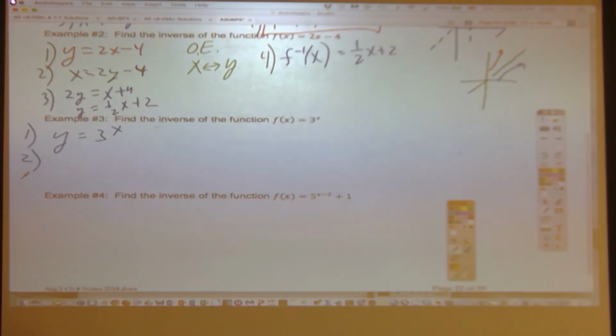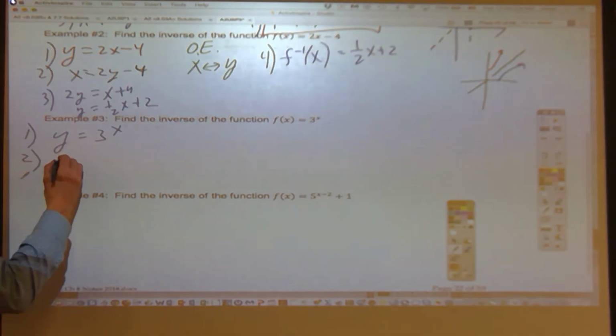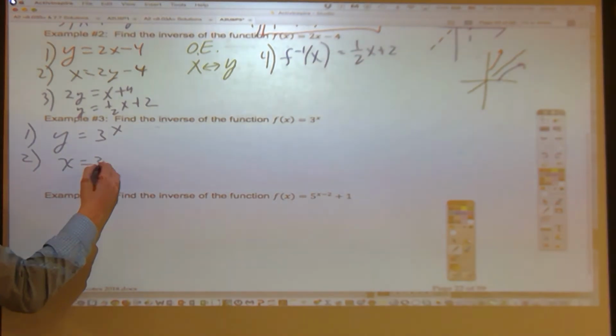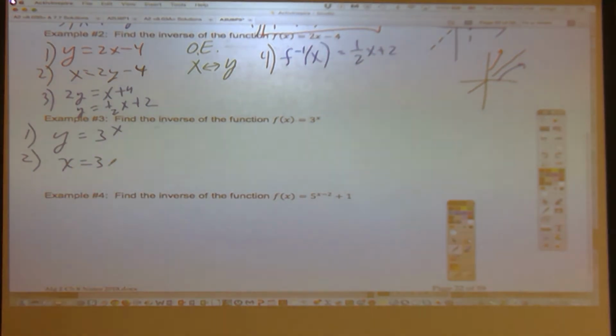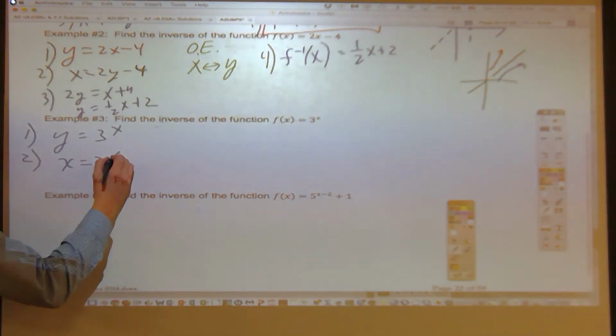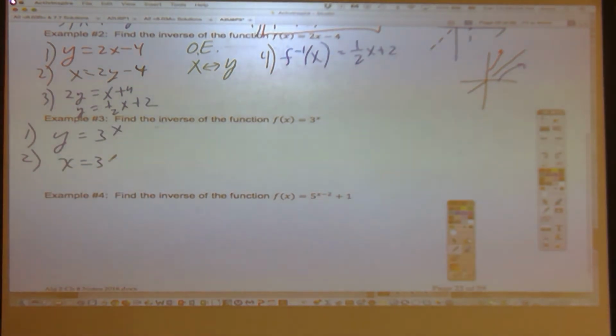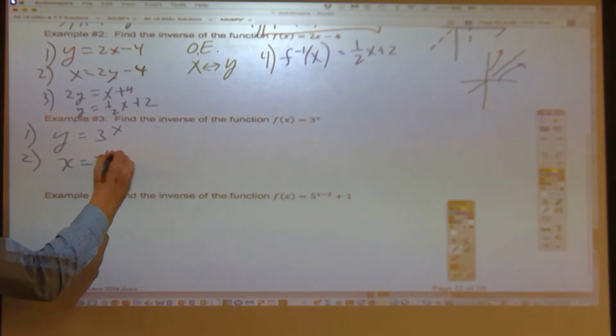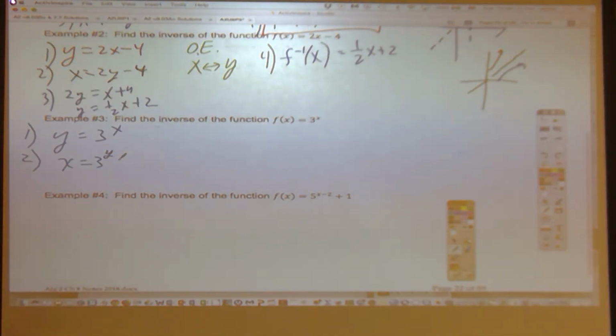Daniel, what happens when x and y trade places? X equals 3 to the y. That's awesome. Did you say 3y? Yeah, it's 3 to the y. 3y is something else. Oh, 3 plus y? No, say 3 to the y. Yeah, 3 plus y, 3y, and 3 to the y are all different things. You have to say 3 to the y power.